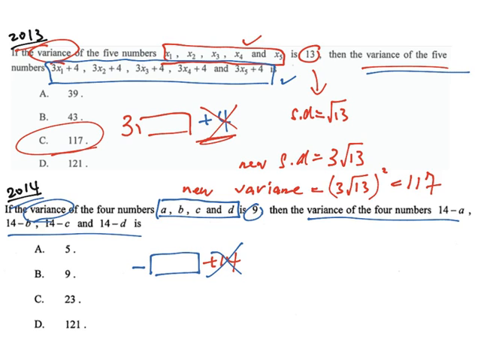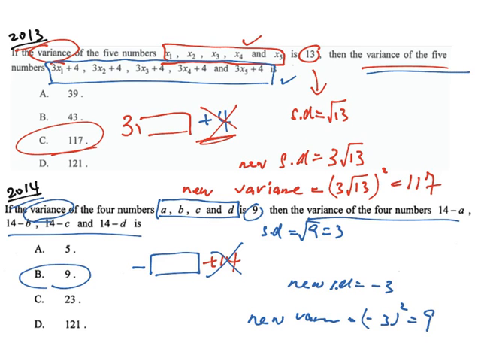This time times negative, so actually it is multiplying by negative 1. So for the new SD, the old SD is root 9, so it is 3. For the new SD, it is times negative, so negative 3. But now you need to find the new variance. So negative 3 squared is 9. So the answer is B.